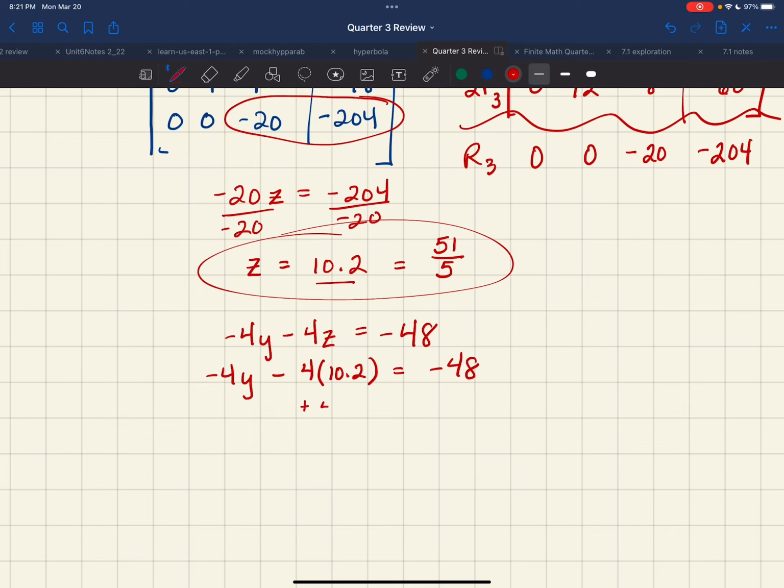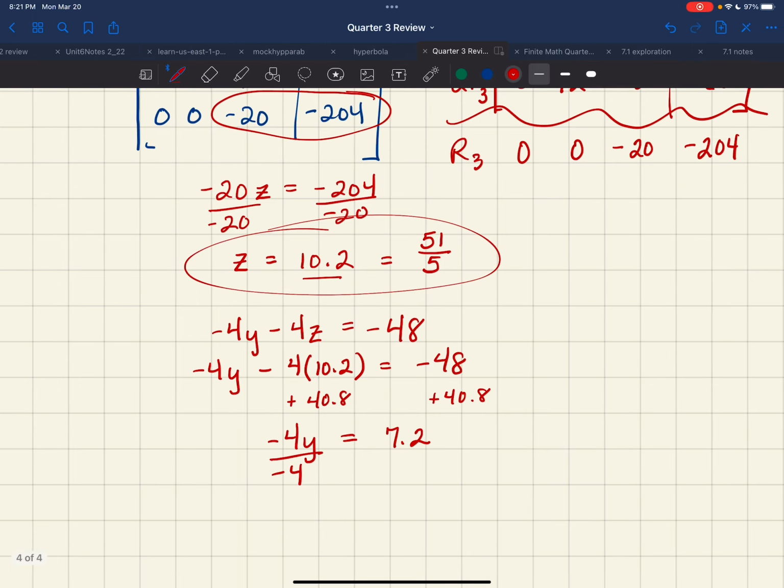So I'm going to add 40.8 to both sides. So negative 4y minus 40.8, that gives me 7.2.